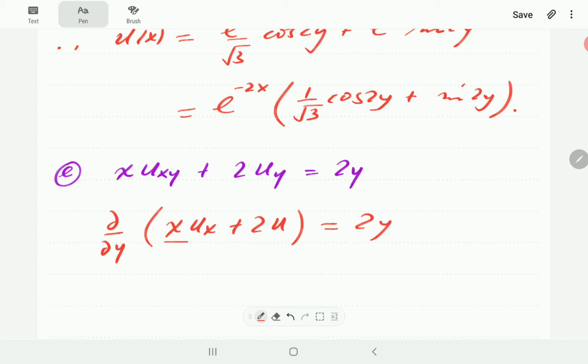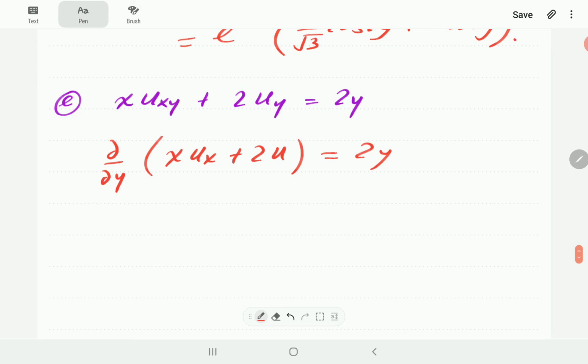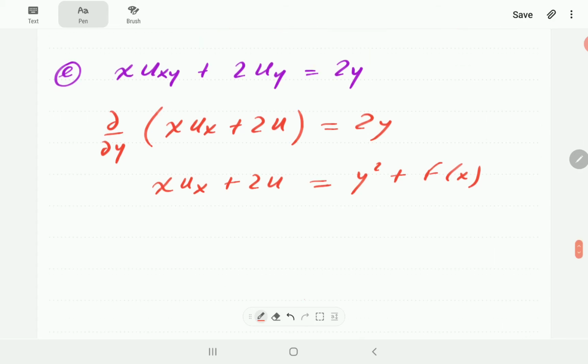And then once you've got it like this, it means the left hand side is an exact derivative of y, which we can integrate. So if we integrate with respect to y, the integral of 2y with respect to y is y squared, and then this is going to be plus a function of x. And then this now is a first order PDE with only one derivative, so we can treat it as an ODE, linear for that matter.